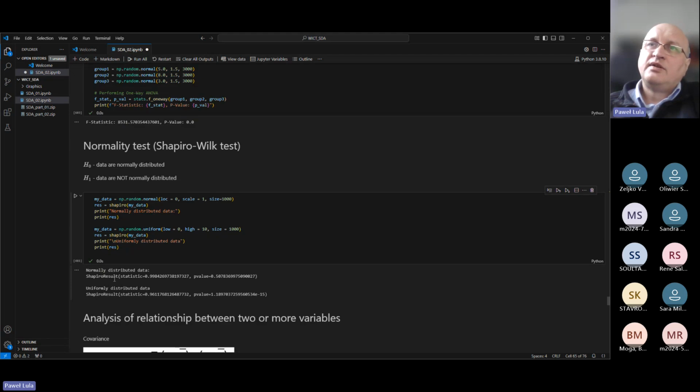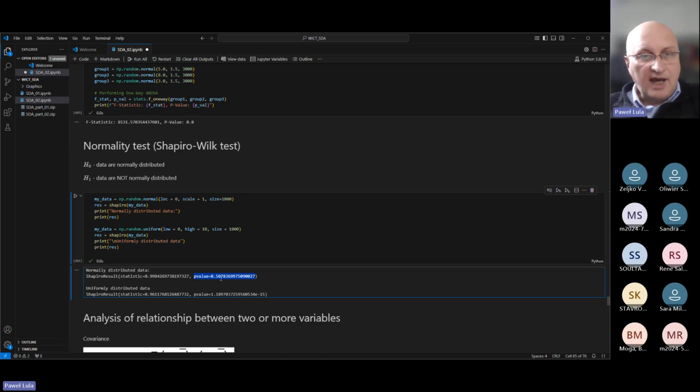Here we see the statistic which is used here, but maybe it is not important in this way. The most important element is here. P-value. P-value is 0.5. It is higher than the significance level, because the significance level very often, as I said before, is defined as 0.01 or 0.05.